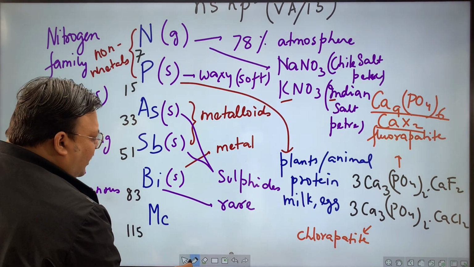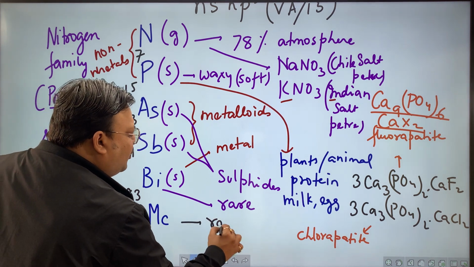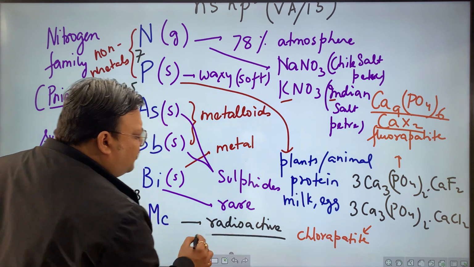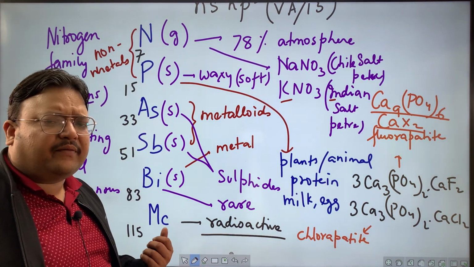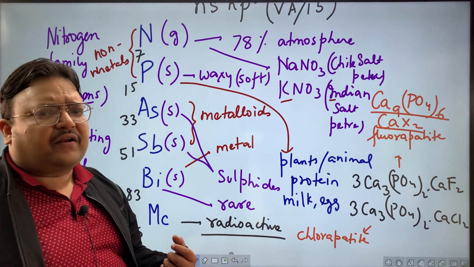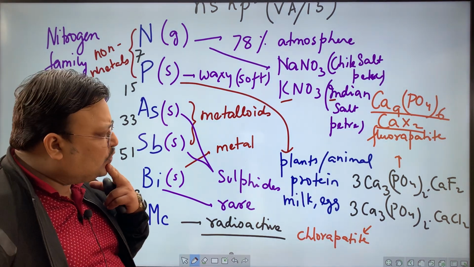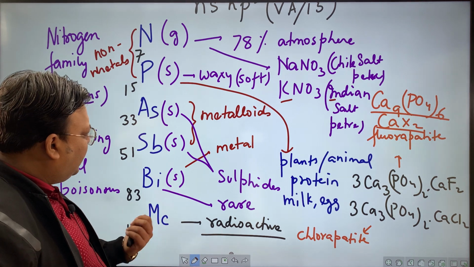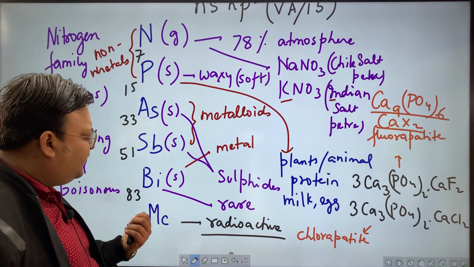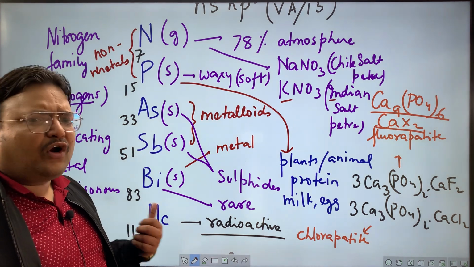And naturally, this is radioactive, with a very small half-life. So, too much about the chemistry of moscovium is not clear. The name moscovium is certainly after the popular city Moscow, and correspondingly the name is called moscovium. Very short half-life, synthetic, radioactive, not natural.